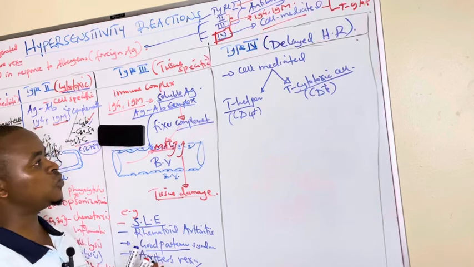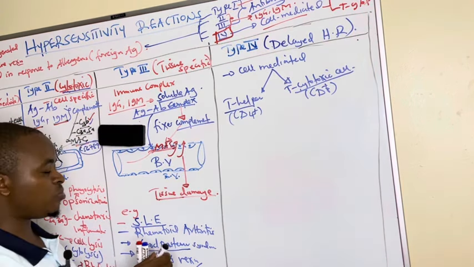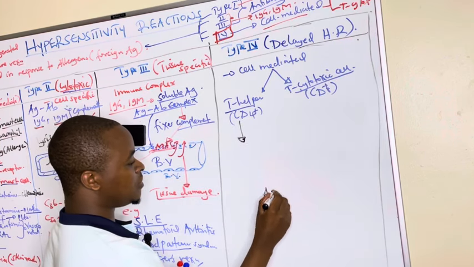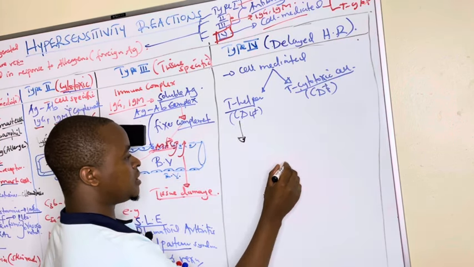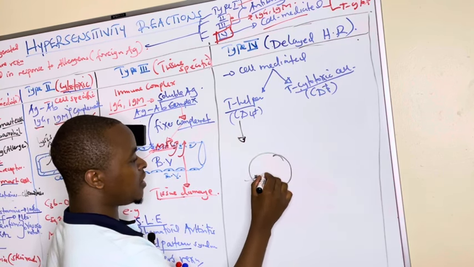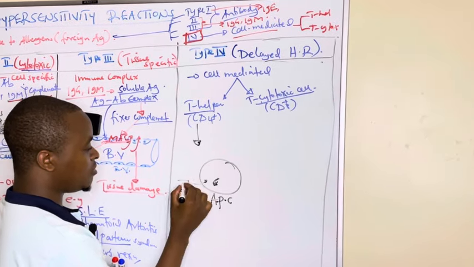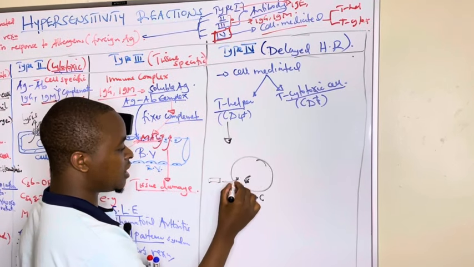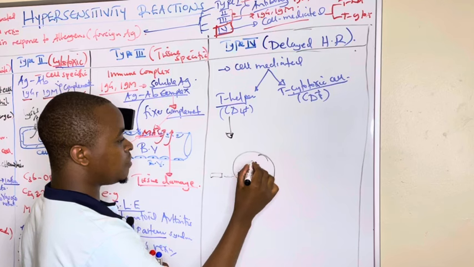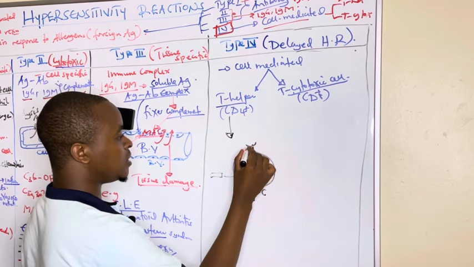When they are produced, the CD4s play a great role in producing cytokines. Whenever I have an antigen presenting cell infected with maybe a virus or a bacteria from the extracellular fluid, which is engulfed and broken down into smaller peptides, these are presented by major histocompatibility complex type 2.